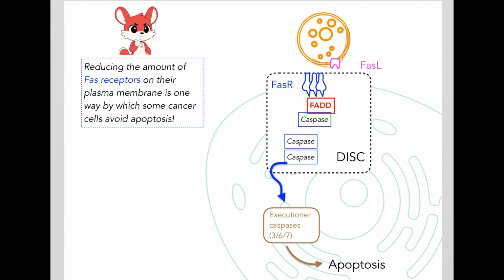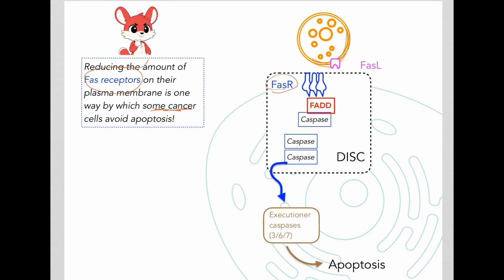Now it's not surprising, since this Fas signaling will kill the cancer cell by apoptosis, that certain cancer cells reduce the amount of Fas receptors on their plasma membrane.